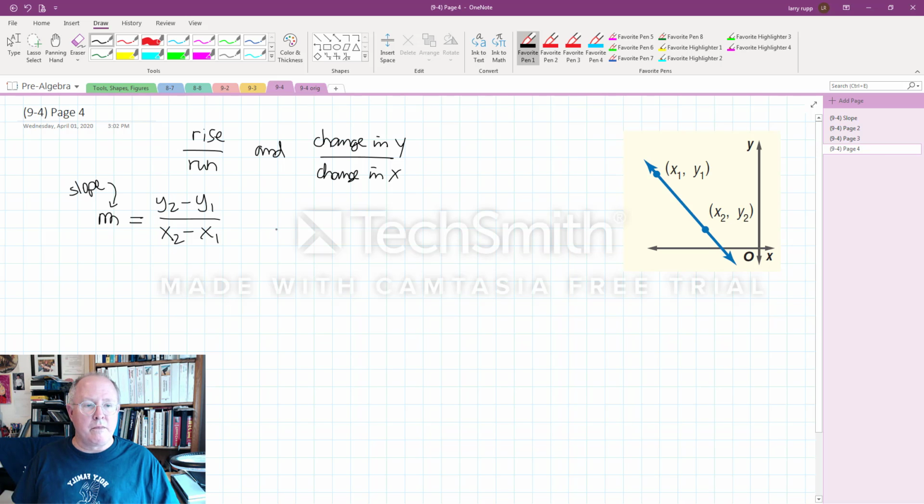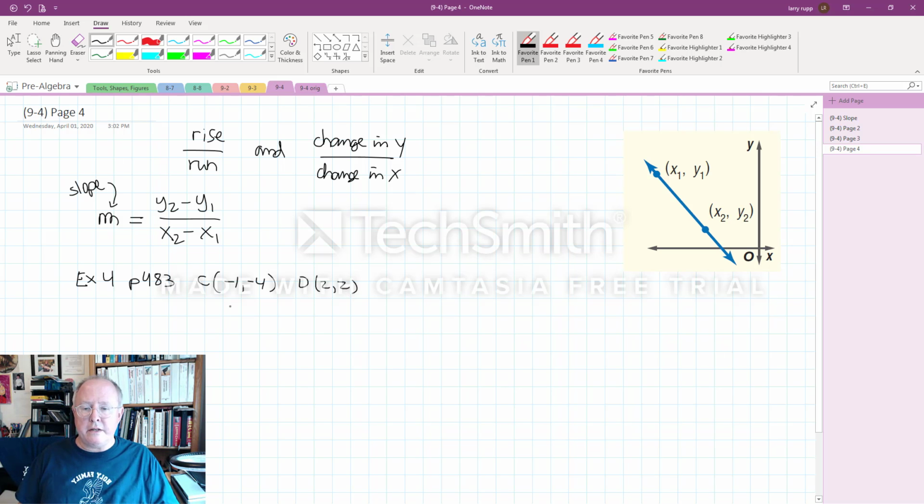All right, now let's do an example of this. All right, let's do example 4. That's on page 483. All right, and it wants you to find a slope of the line that goes through these 2 pairs of points. C, which is at -1, -4, and D, which is at 2, 2.